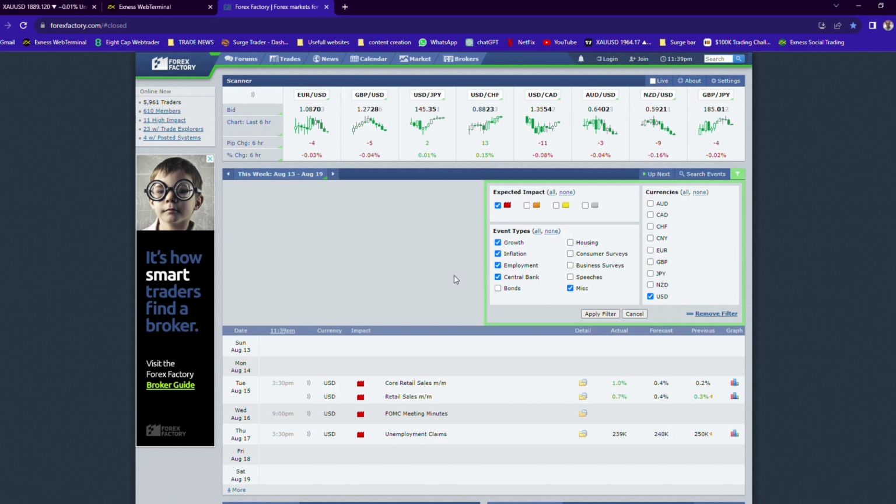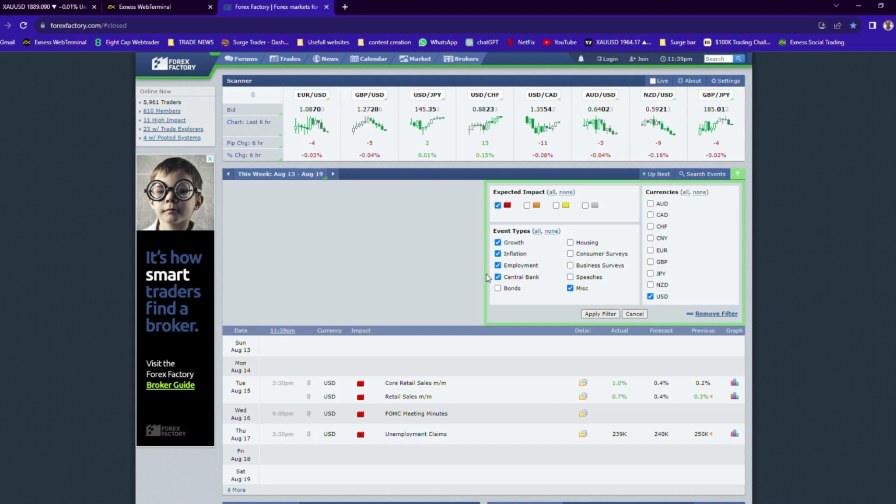So always look for the growth economic data release, which is retail sales, automotive sales, and then look at the inflation data release, which is the consumer price index and producer price index, and then look at the employment data release, which is the non-farm payroll and the unemployment claims, which is weekly throughout the entire month on the USD currency.